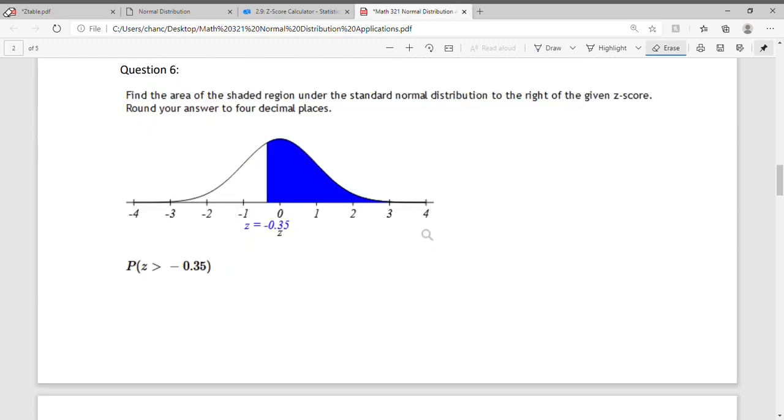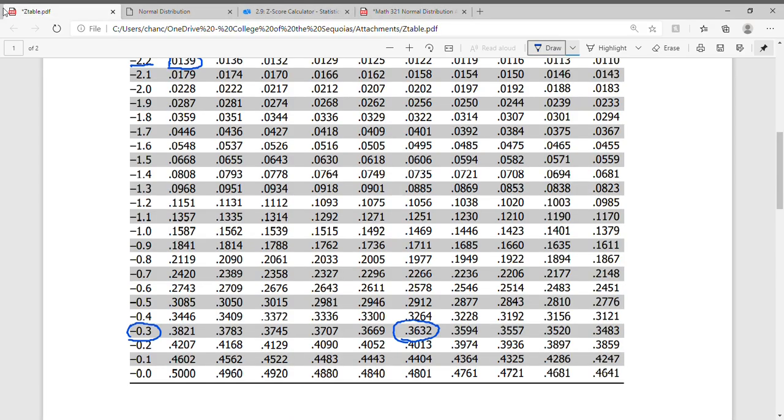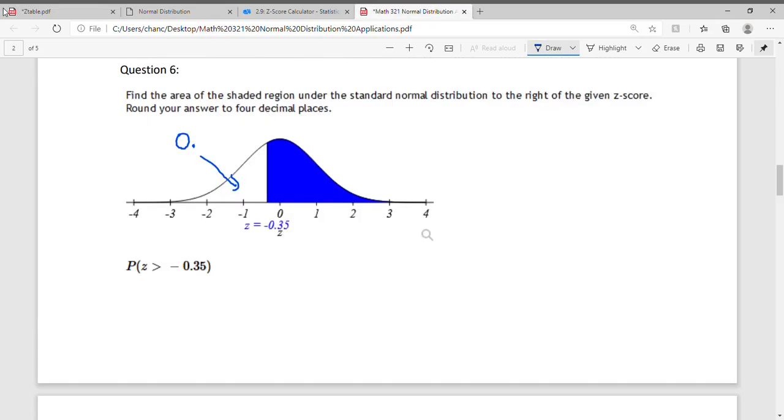Now be careful. Be very careful. That was the area to the left. The area to the left is 0.3632. We're not looking for the area to the left. We're looking for the area on the right side.